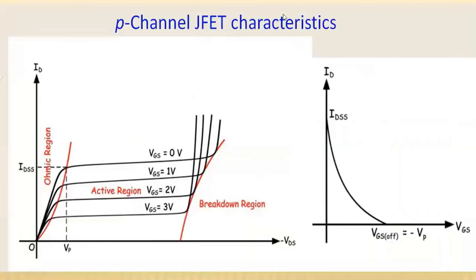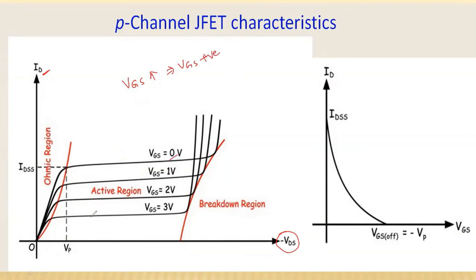And coming to the characteristics, they are completely opposite. There VDS is positive, here VDS is negative, and the drain current direction is also opposite. In the N-channel, as VGG increases, VGS goes negative, but here when VGG increases, VGS becomes positive.